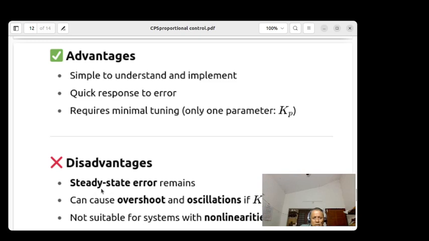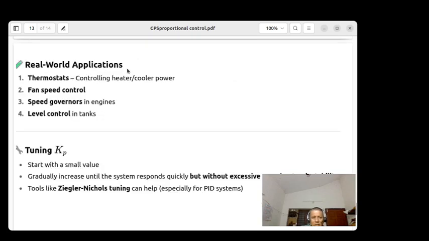And the disadvantages of the proportional controller are steady state error, it can cause overshoot and oscillations, and it is not suitable for systems with non-linearities or delays. Then we can see some applications of the proportional controller: thermostat, controlling heater or cooler power; fan speed control; speed governors in engines.